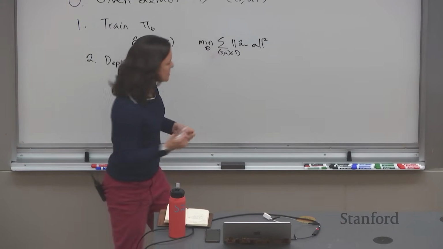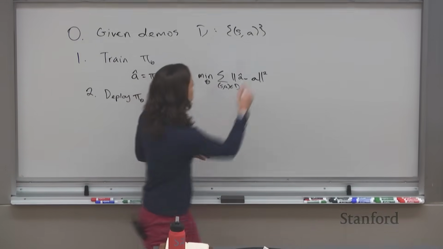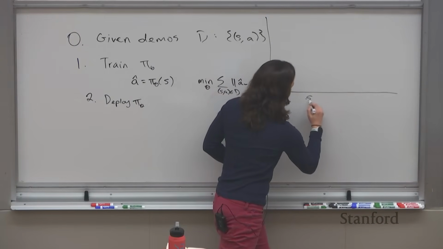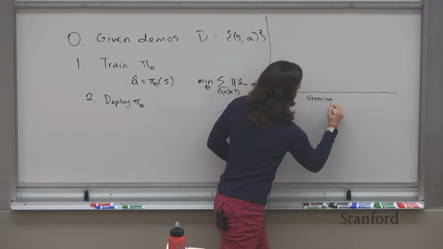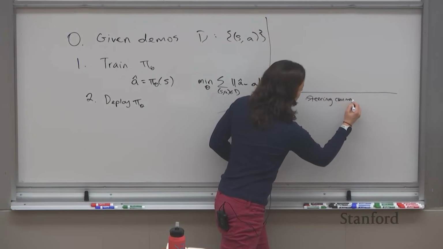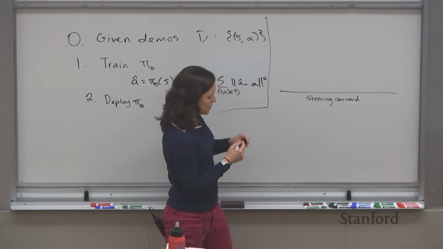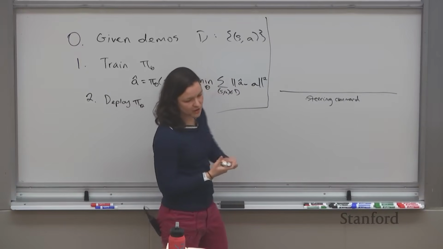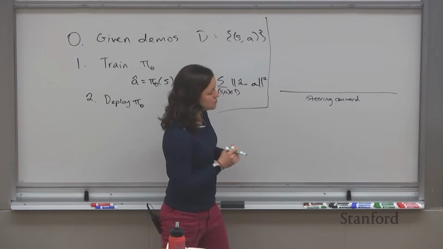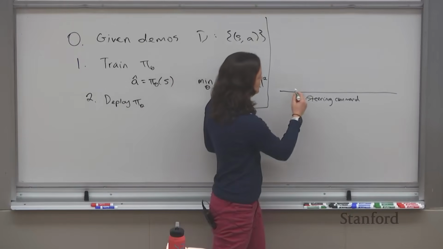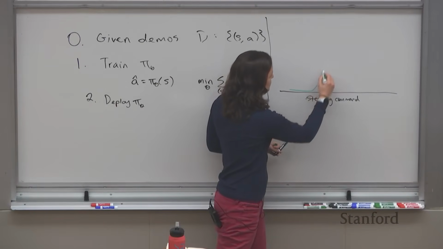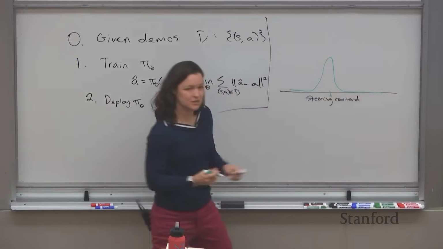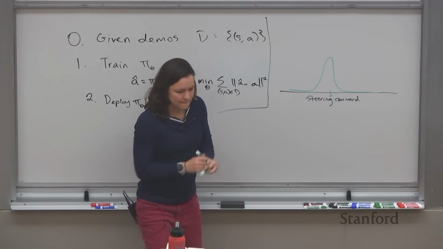In this example, say we have the steering command. If we thought about the distribution over actions that are covered in the data set, for drivers that chose to go straight, their distribution of actions would look maybe something like this, where this is 0 steering command. This is staying straight.